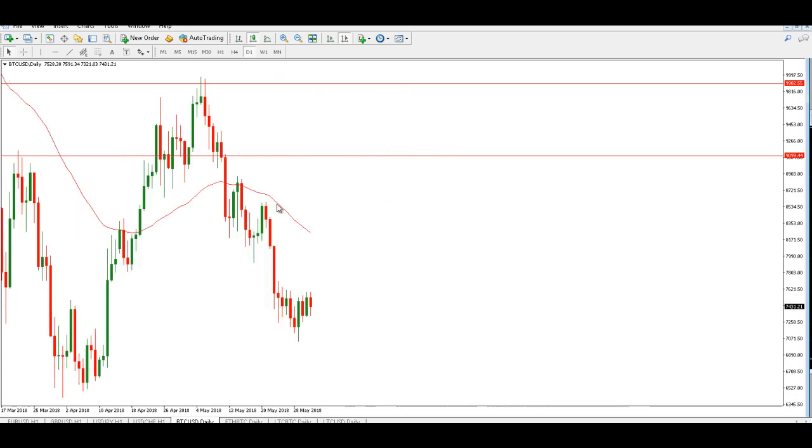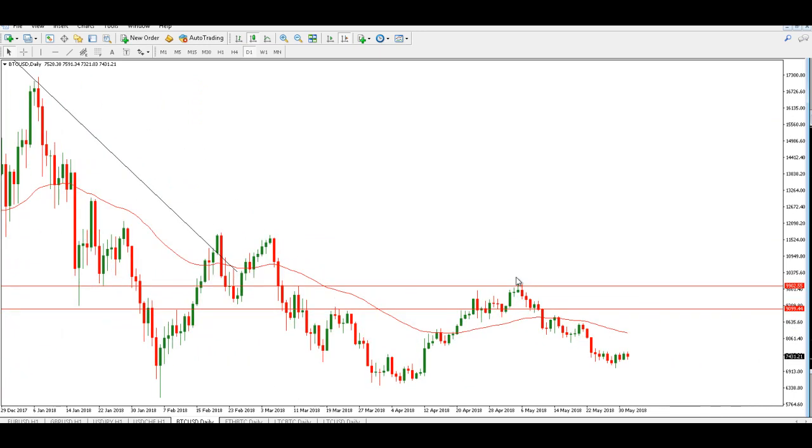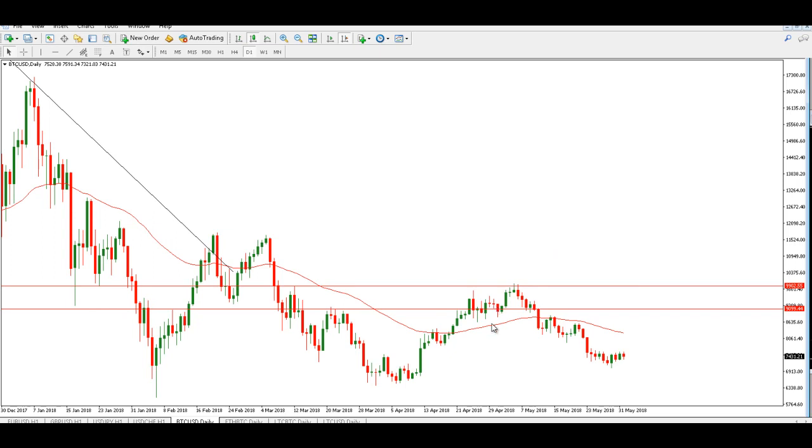For me, the way I'm looking at this market is Bitcoin is weak until we can actually break the 10,000 mark and close above it and continue to make higher highs. Right now, we tried to go to the 10,000 mark, and it couldn't make it. So right now it's weak.